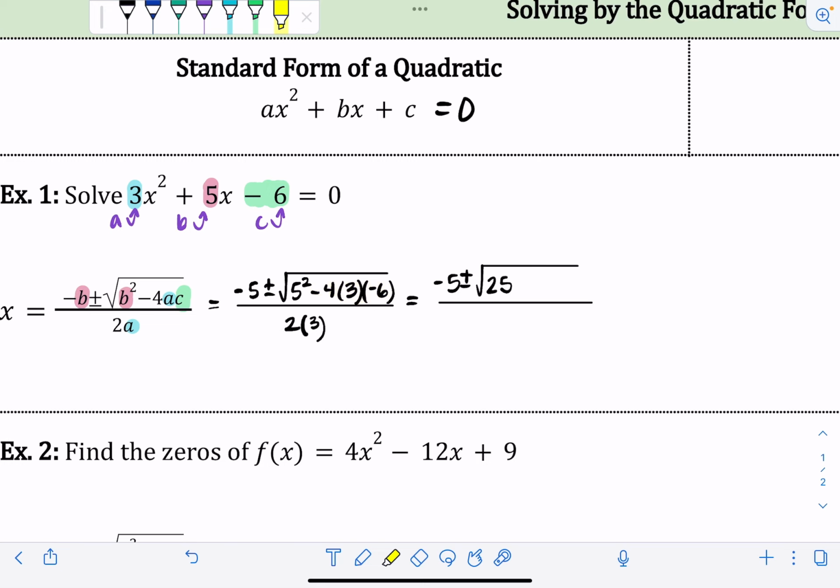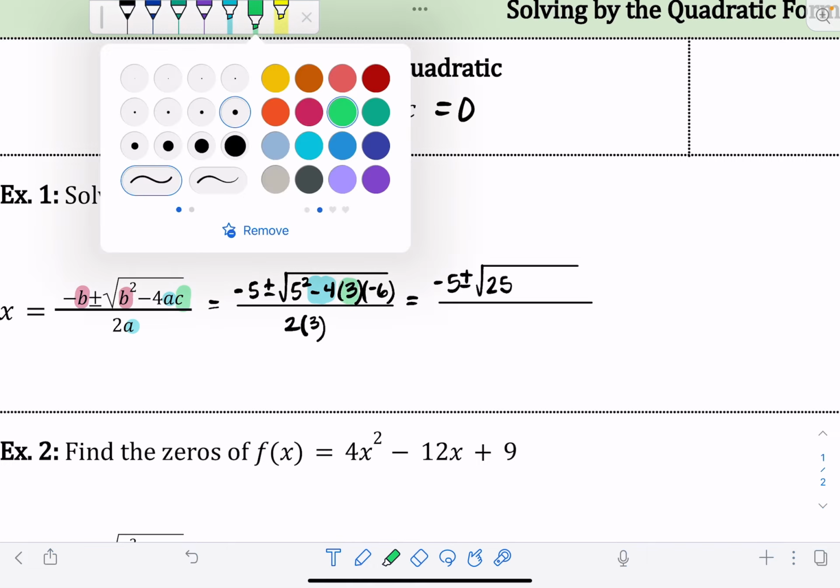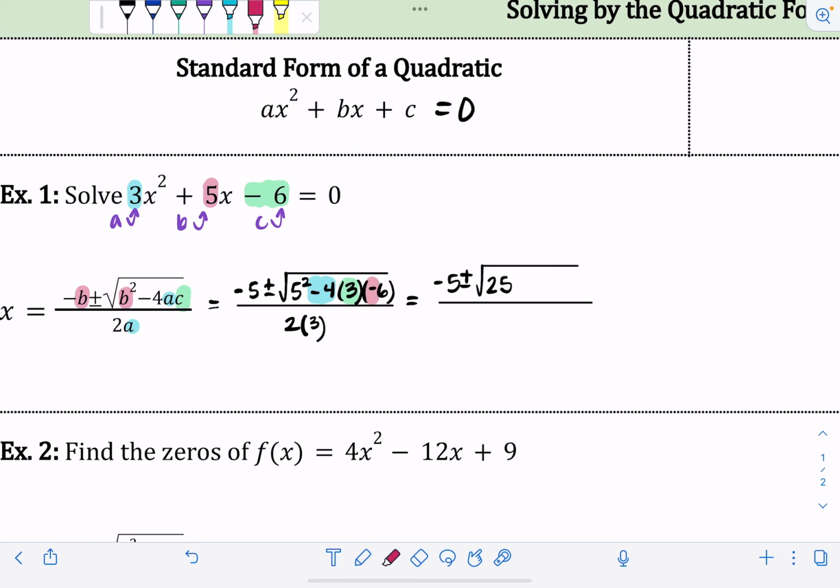So the way I like to do it is I like to think of this negative as belonging to the 4. So not a minus, but a -4. So do -4 times 3, which is -12. And then -12 times -6, which is positive 72. So it'll be plus 72.